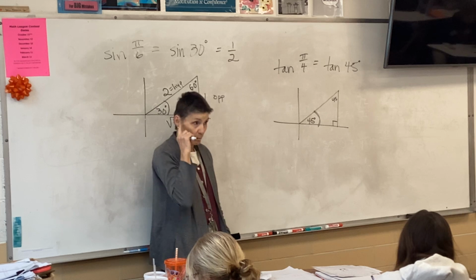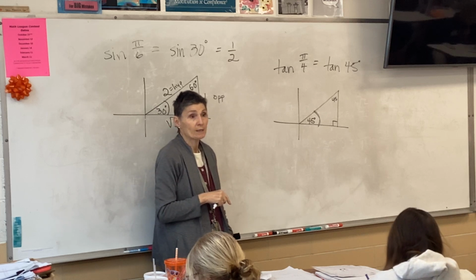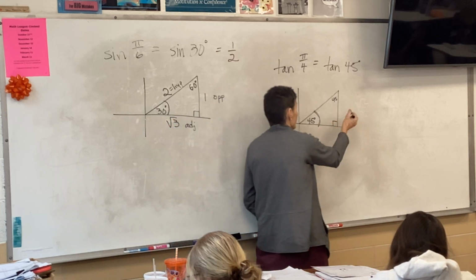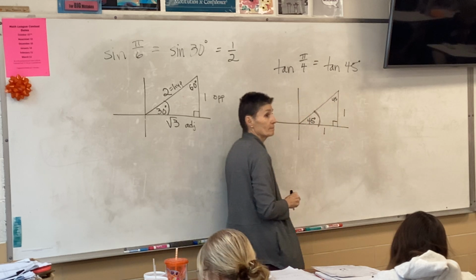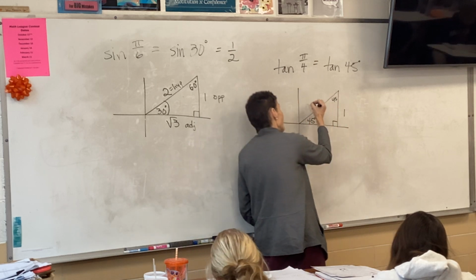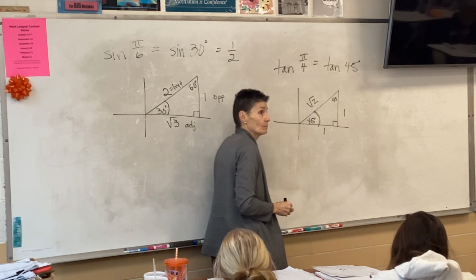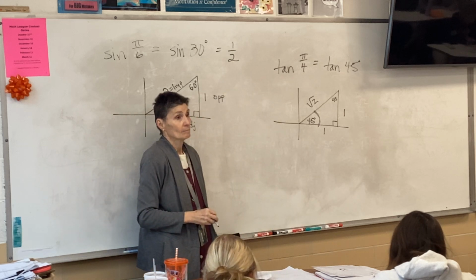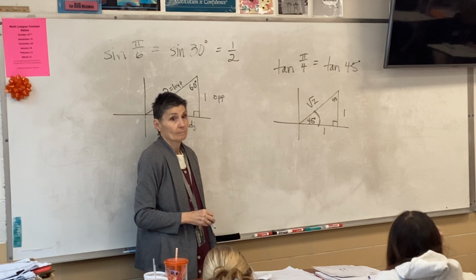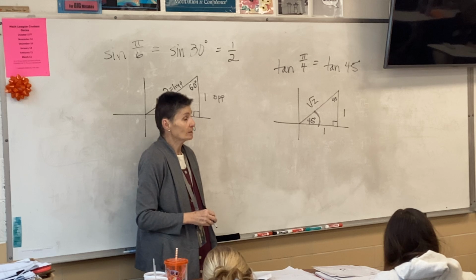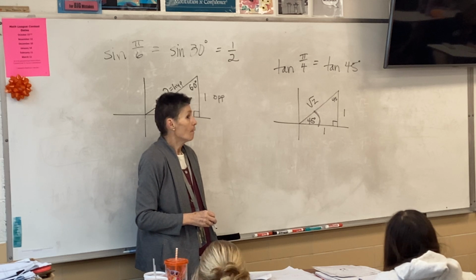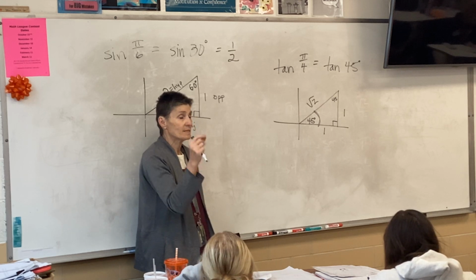Remember, you can look at your orange sheet. Across from the 45s is 1, and the hypotenuse is root 2. I told you yesterday, there's a lot to memorize, but once you have it memorized, these problems are a cinch.